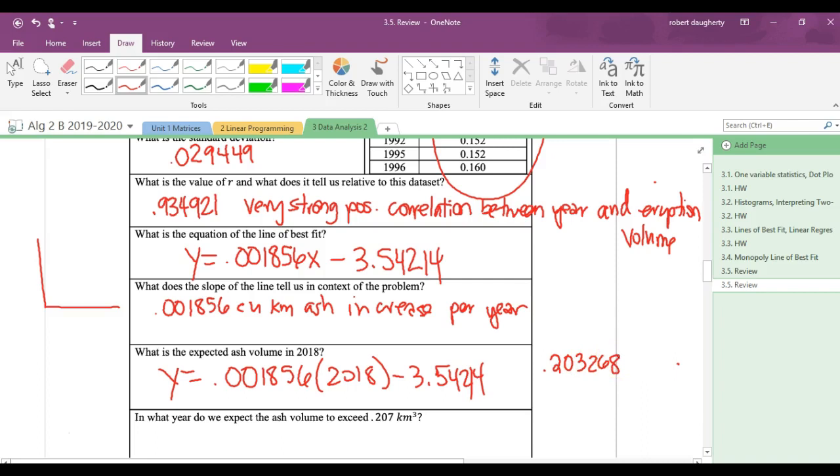That is the expected ash volume, so that is the ash volume in 2018.